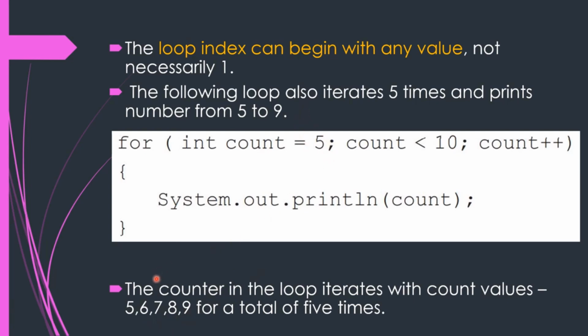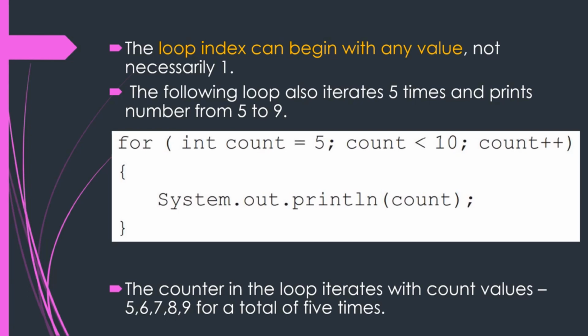So we have to start from 5, and till the condition is satisfied, we will continue the loop to that value. After that, in the third part, the counter changing value is given count plus plus, means it is an incrementing loop because we want to print the numbers from 5 to 9.